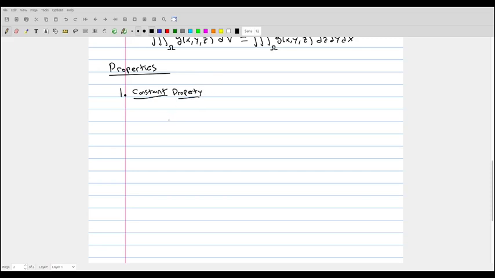But this says that the triple integral over a three-dimensional region of some constant times a function of x, y, and z, assuming the integral of the function exists, is the same thing as that constant c times the triple integral of the function.